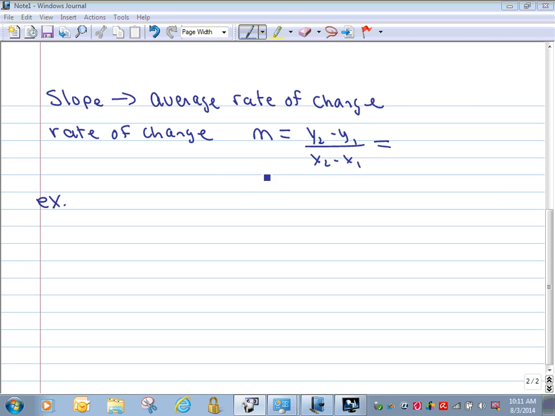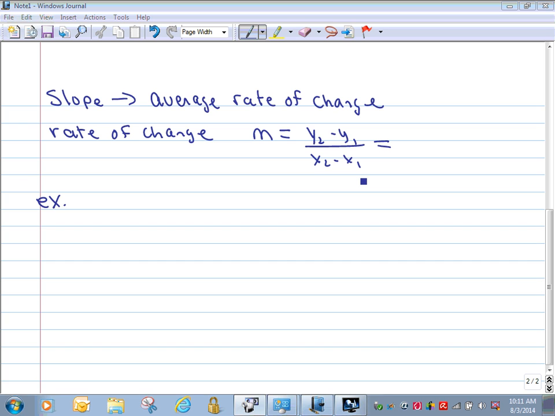Our formula for slope is y2 minus y1 over x2 minus x1. In the past, the x and y values, which are 1 and 2, have not made such a big difference. But as we move forward in mathematics, it will be very important, because later on they will take on a direction, and it will be important which is our y1 and our y2 and which one is our x1 and our x2 value.